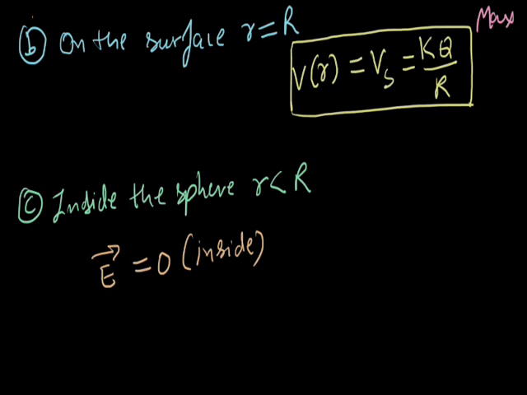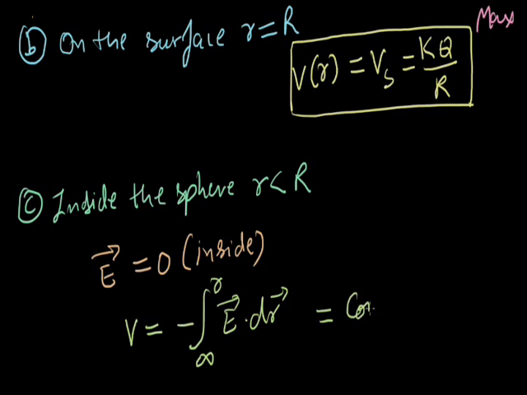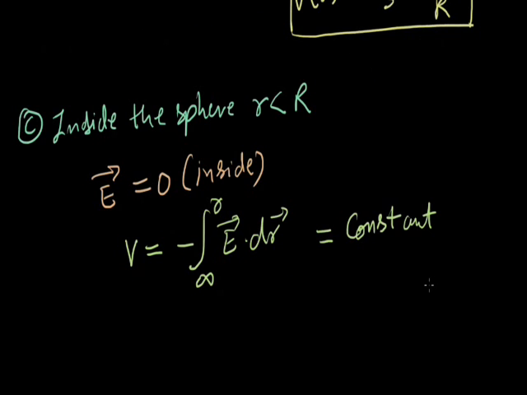So the potential V will be equal to minus integration from infinity to r of E dot dr. The integration of 0 will be equal to a constant.